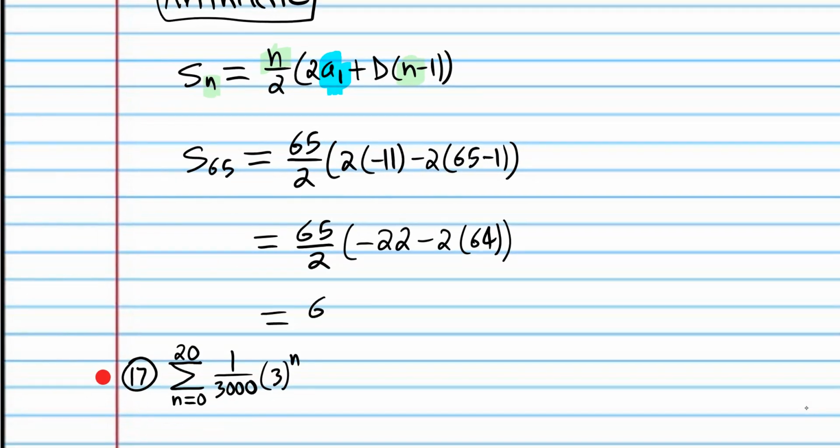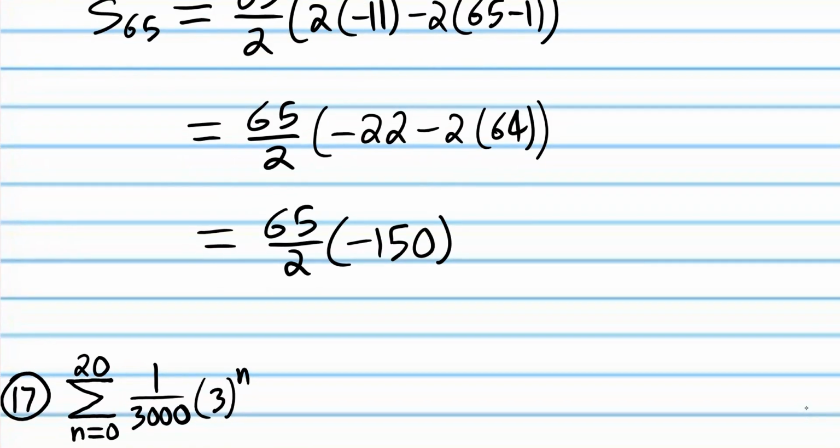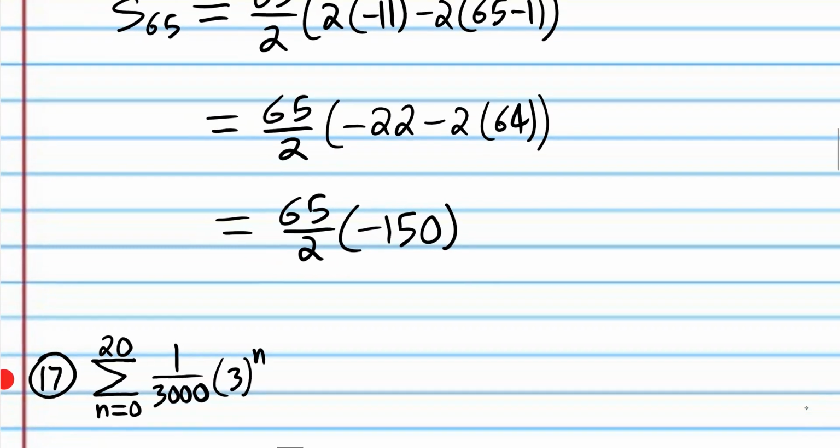And so we have 65 over 2 times negative 22 minus 2 times 64. So that's going to be negative 22 minus 128, and we get negative 150. 150 divided by 2 is 75, so negative 75.